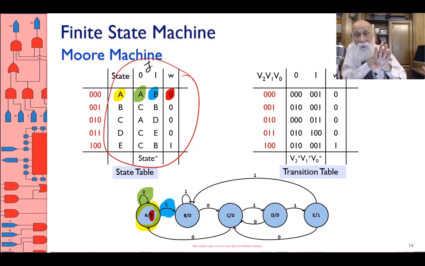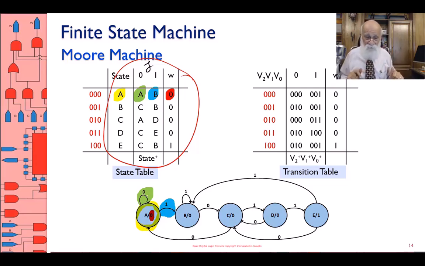The states can be assigned any pattern I like. I can do binary. In this case, I'm doing binary. I'm giving 0, 0, 0 to A, 0, 0, 1 to B. I don't have to, but I'm doing this. And then 1, 0, 0 to E.